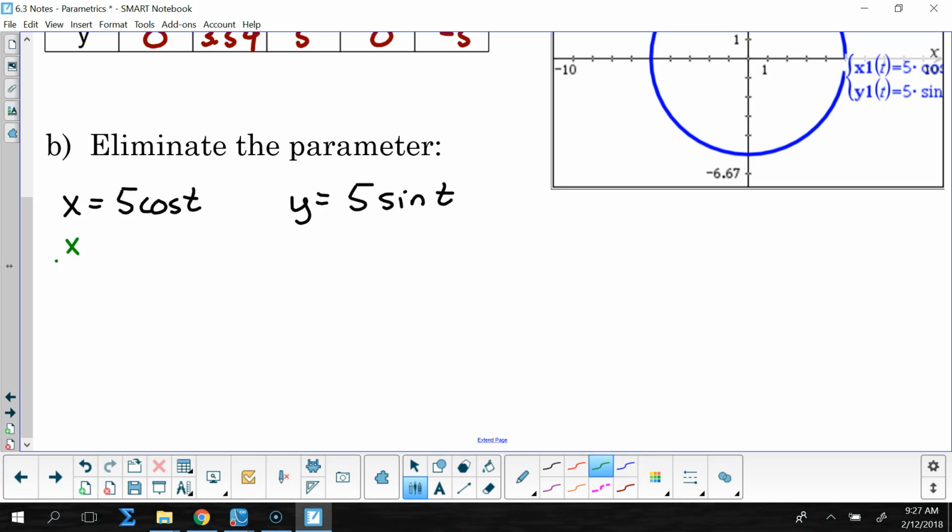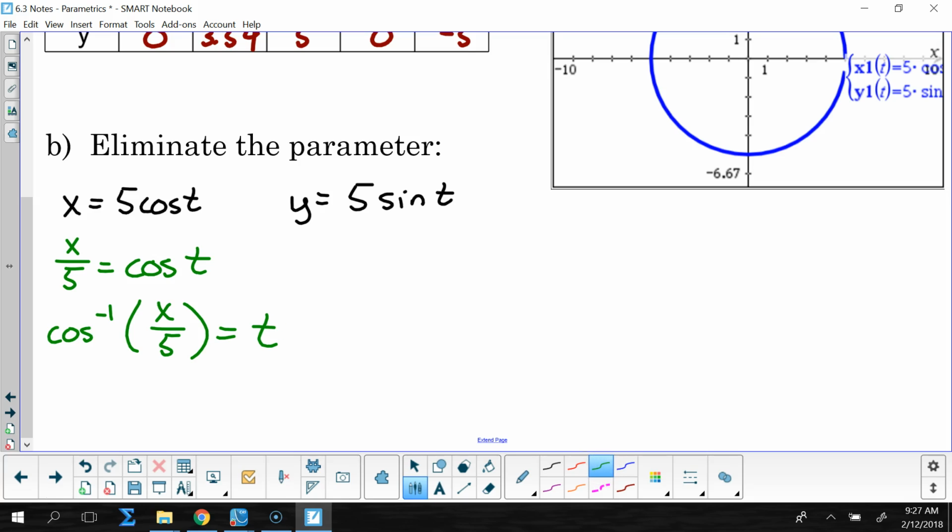Okay? x over 5 equals cosine of t. Do I have it solved for t yet? No, how am I going to solve it for t? Inverse cosine, right? So that's going to be the inverse cosine of x over 5 equals t. Right?